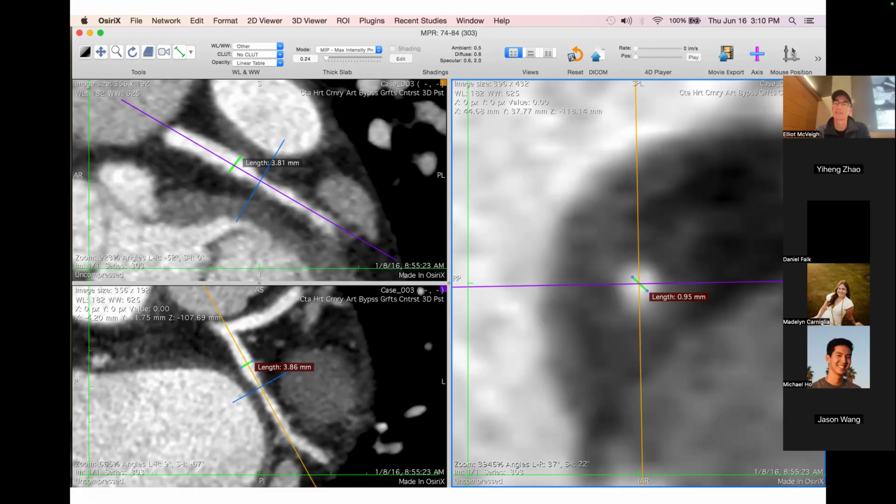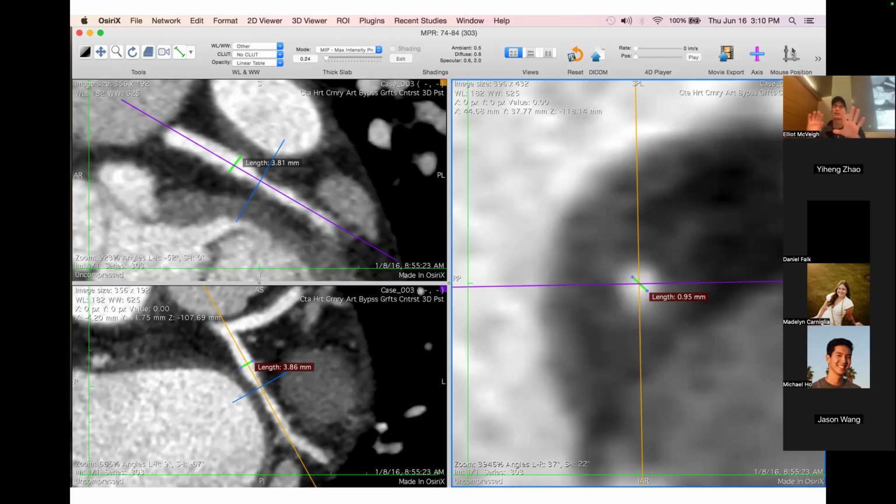So the issue here is that clinicians, when they look at this, never take a cursor and measure the dimension of the vessel, right? They basically just stand back and look at it and go, that's about a 50% stenosis. They categorize the vascular disease in these boxes like mild stenosis, moderate stenosis, severe.